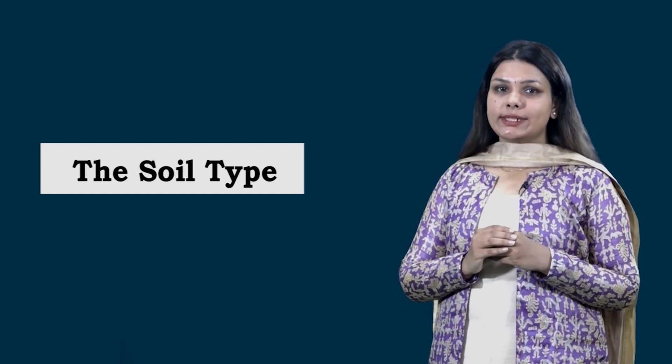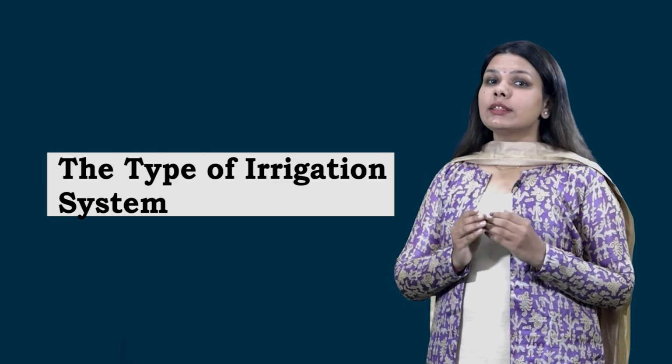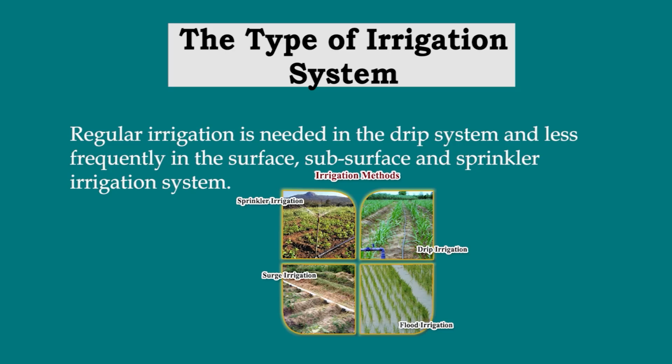Fourth, the soil type. Frequent but light irrigation should be done in sandy soil, and deep but less frequent irrigation is required in clayey soil. Fifth, the type of irrigation system. Regular irrigation is needed in the drip system and less frequently in the surface, subsurface and sprinkler irrigation system.